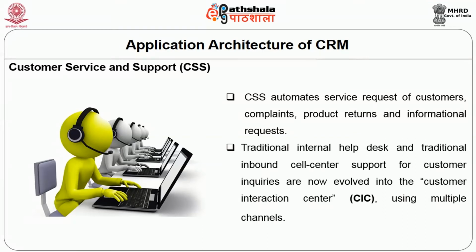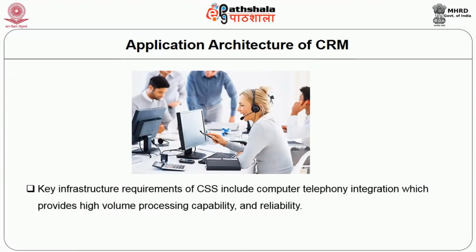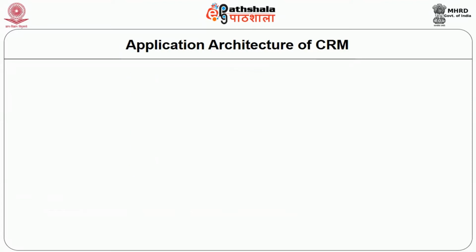The traditional internal help desk and traditional inbound sales center support for customer inquiries have now evolved into the customer interaction center, CIC, using multiple channels. Key infrastructure requirements of CSS include computer telephony integration, which provides high volume processing capability and also reliability.